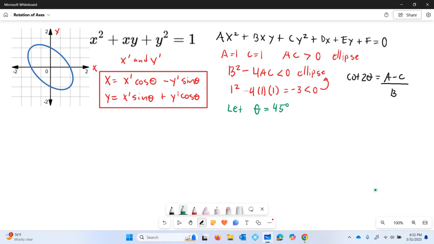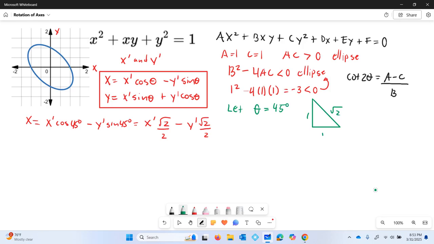So x is equal to x prime cosine of 45 degrees minus y prime sine of 45 degrees. This is x prime root 2 over 2 minus y prime root 2 over 2, because sine of 45 degrees comes from our 1, 1, root 2 triangle, the 45-45-90 triangle.